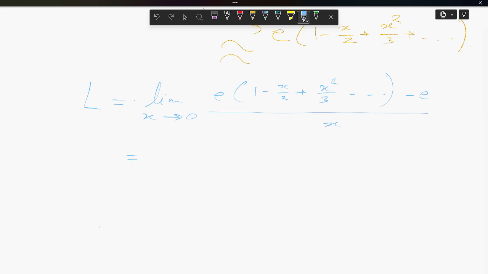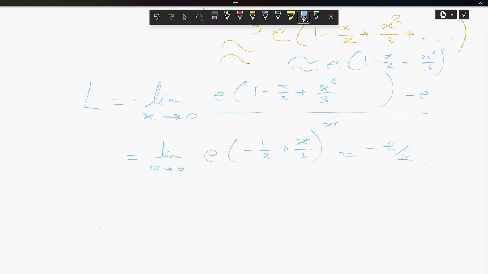So then what will we get? That can also be approximated, as our x is so small. So let us erase this thing. We can write limit x tends to 0, e into minus half plus x by 3. Only this remains, as x tends to 0, then x by 3 will also go to 0. So finally we are getting minus e upon 2.